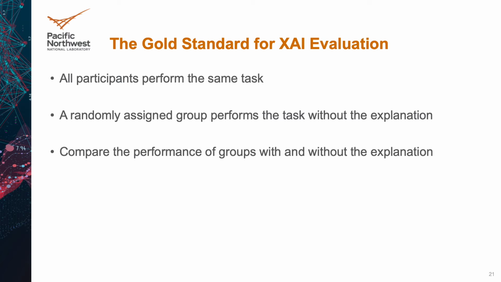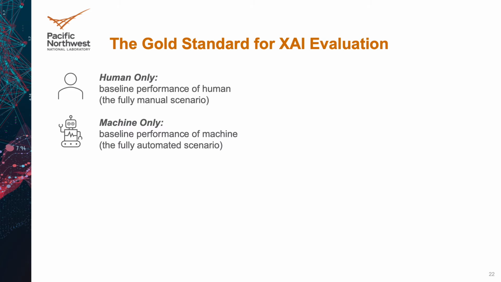Researchers should first consider the 3 key components of their system: the human, the machine, and the explanation. Next, researchers should determine what can be measured or is meaningful to measure using different combinations of these components. For example, the human-only and machine-only cases are baselines of the human and machines at the task, where possible.